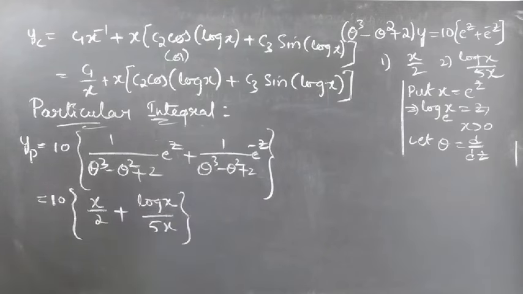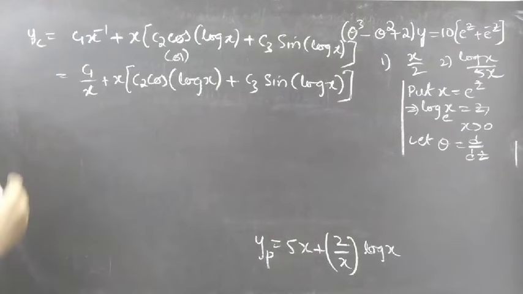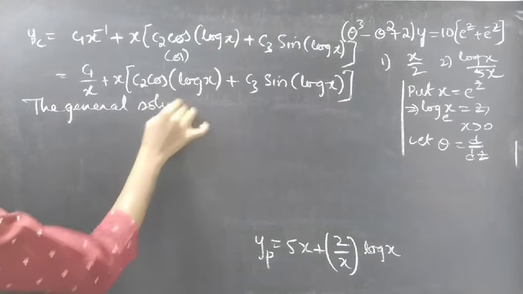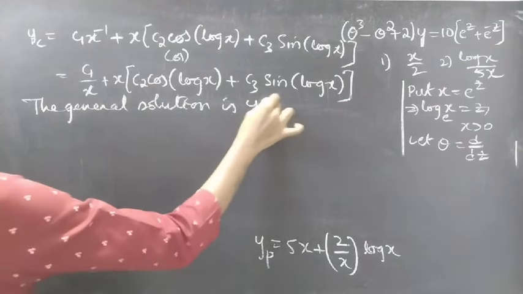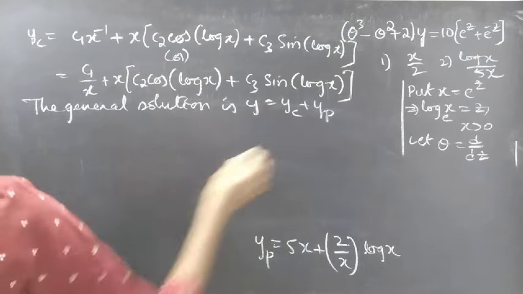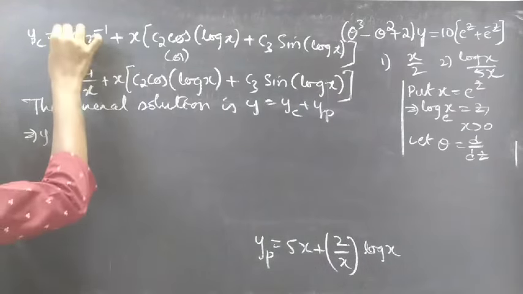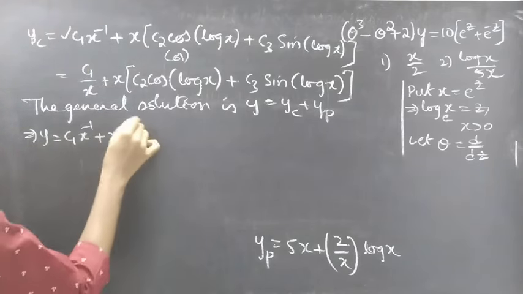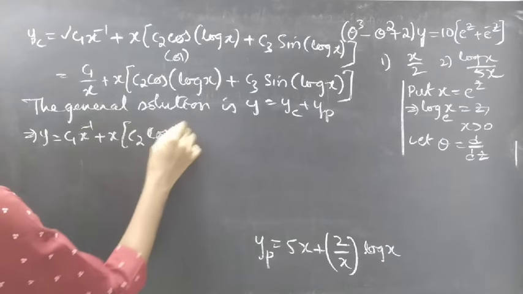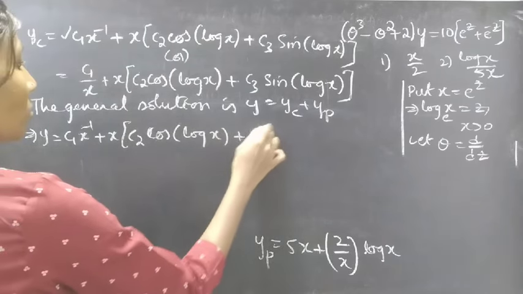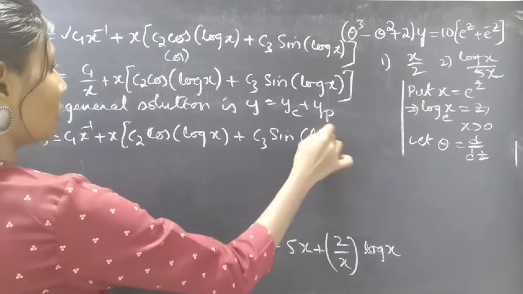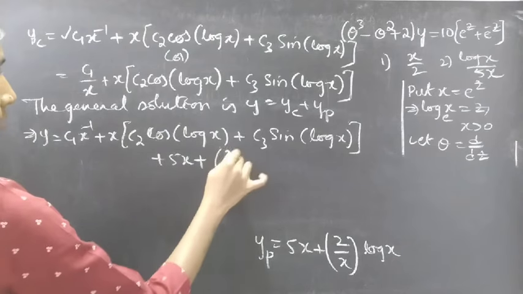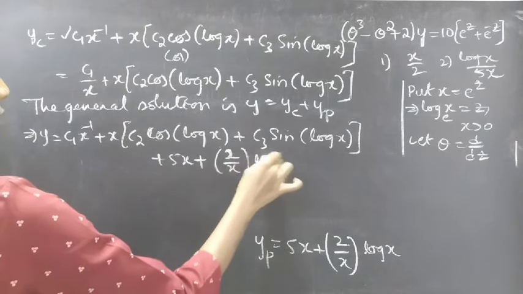Let's write the general solution now. The general solution is given by y equal to yc plus yp. Then y equal to yc we have, firstly I am going to write for the first yc, c1 x inverse plus x times c2 cos of log x plus c3 sin of log x plus yp, 5x plus 2 by x log x.